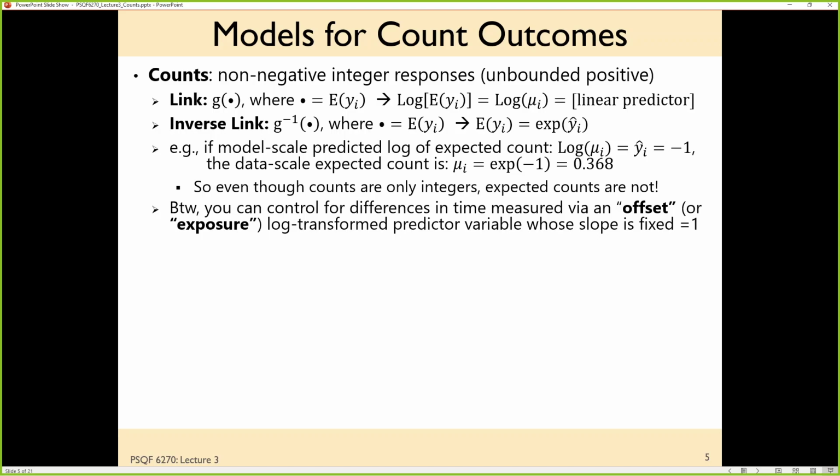So if you just predicted the count of fatalities, that's going to be misleading because the count's going to be higher where there's more people. That's why people talk about crime rate as opposed to just crime amount. And if you have different amounts that are possible, you include that in the model as what's known as an offset, which is essentially a predictor whose slope is fixed to 1, and that turns it into a rate. So then you're talking about more crimes than would be expected based on your population size.